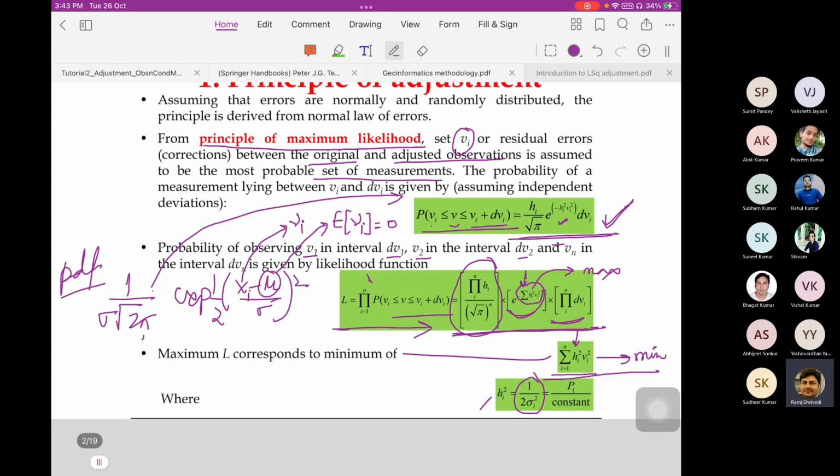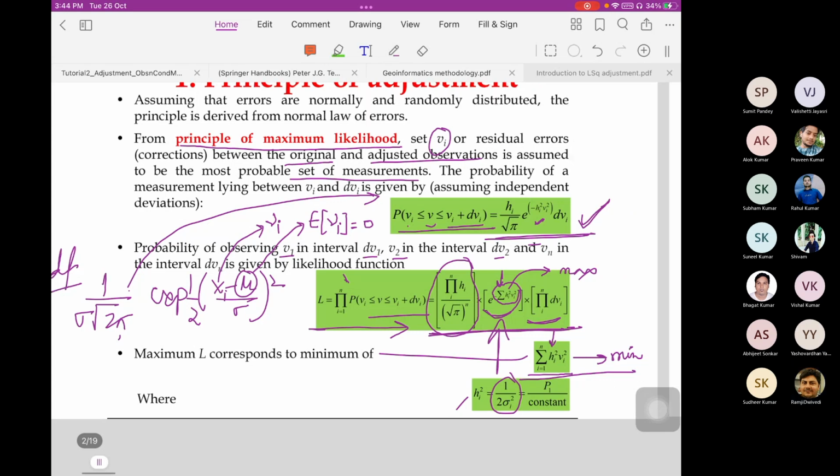So in that case we arrive at this similar function of exponential minus summation of hi square vi square, and we have seen that the function can be maximized only if this value is maximized, and their minus value is maximized, so the opposite of it is to be minimized. It's very straightforward. If you understand the theory, you can quickly relate to it. There is no problem. So I hope it is very much clear.